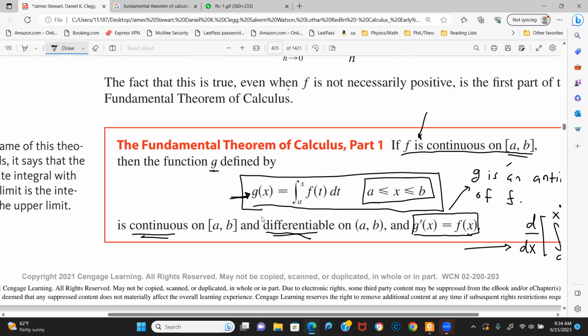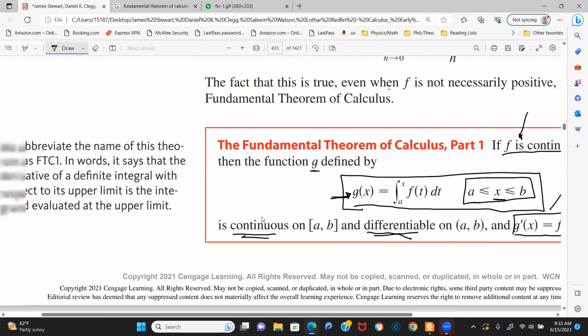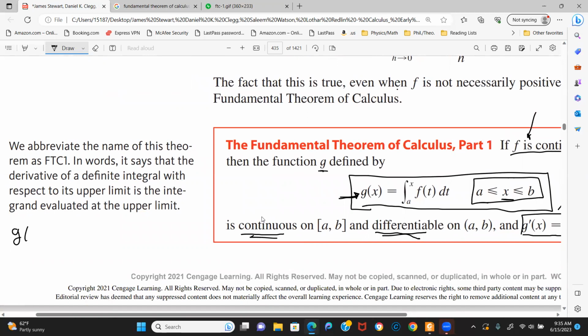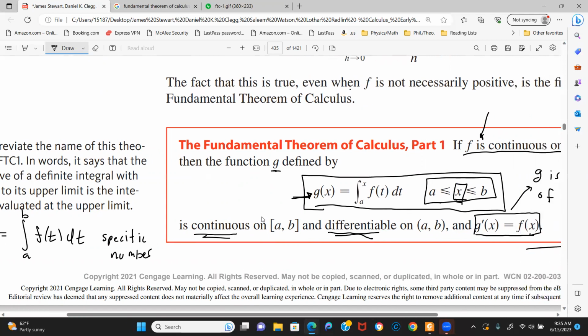Of course, now x is this variable that can vary between a and b. Of course, you can evaluate this function at b. If you evaluate it at b, you get the integral from a to b. So now you're finding the integral over the entire interval of this function, and this will be a specific number associated to b. But more generally, you can have x be any number between a and b.